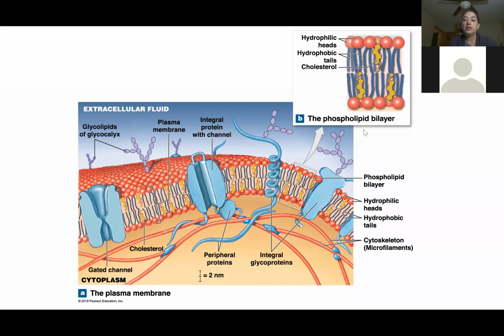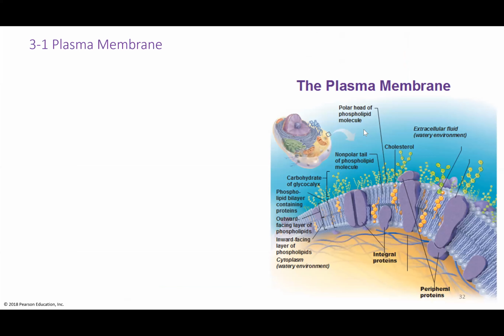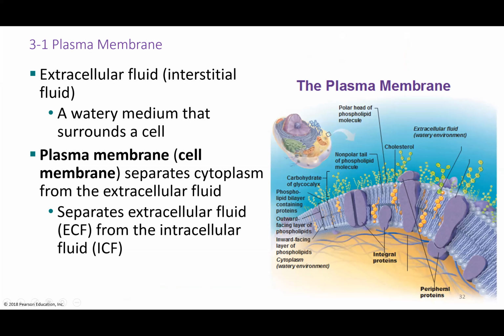Okay, so the plasma membrane. There is actually more to it than just phospholipids. So first of all, on the outside of the cell is extracellular fluid, or we call it interstitial fluid. And this is a water-based solution, a medium, that surrounds the cell and has important properties.